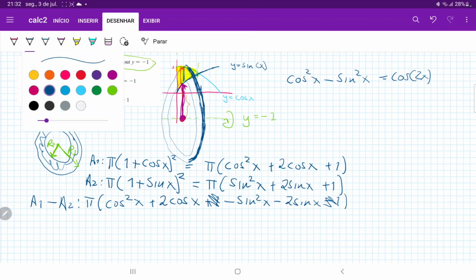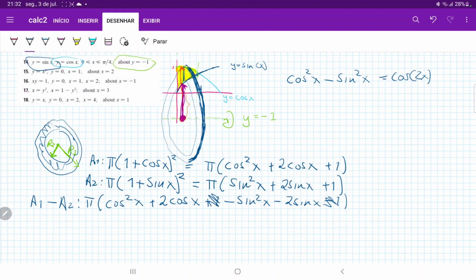So once we have this, we are ready to set up our integral. It is the integral from 0 to pi over 4. We're going to put the pi outside because it's a constant, pi. And inside the integral, we have cosine squared x minus sine squared x, so we're going to substitute that for cosine of 2x.